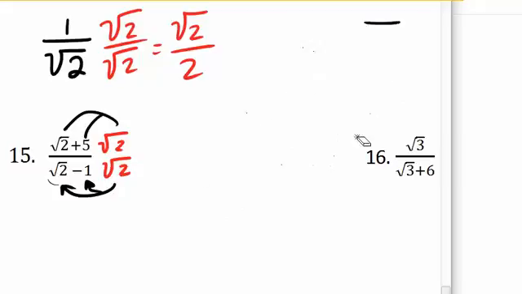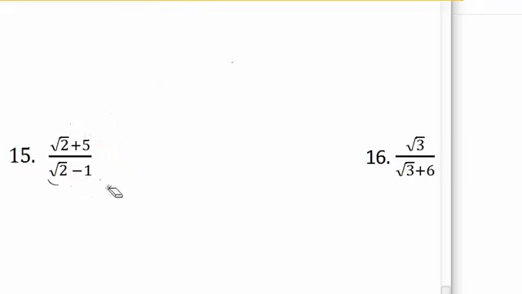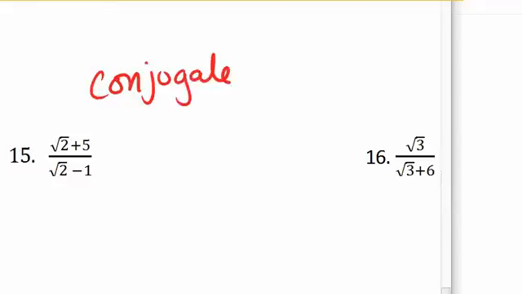So the only way to get rid of a square root that's within a binomial is to use what's called the conjugate. And the conjugate is basically whatever the denominator is, but with the opposite sign.